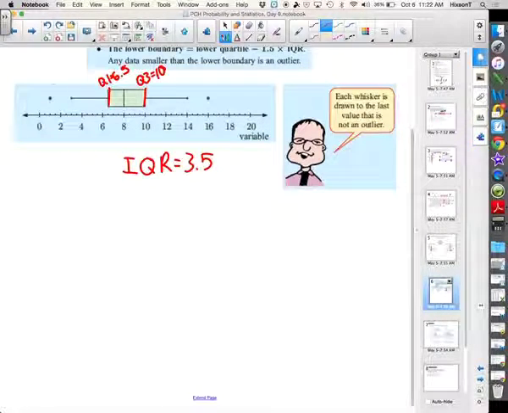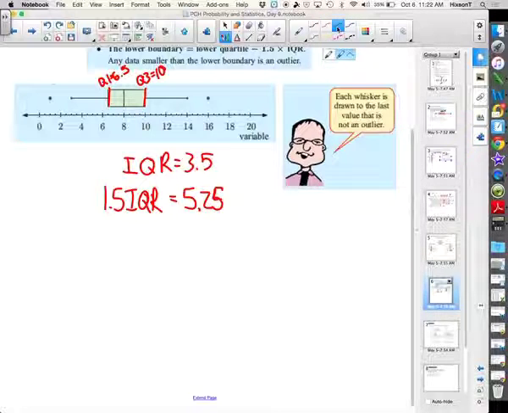If we take that and do 1.5 times the IQR, we're going to get 5.25. So, to determine where that boundary line is, we're going to do Q3 plus 5 1/4. Well, Q3 was 10, so 15.25 is the upper boundary.